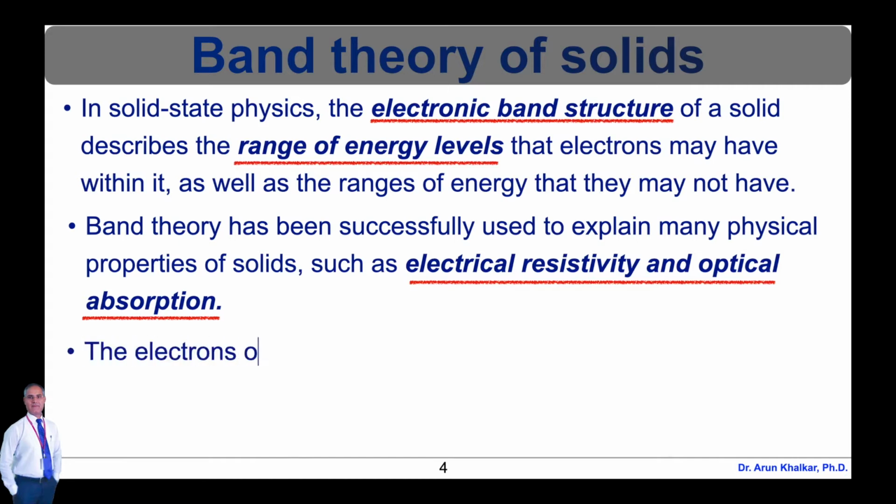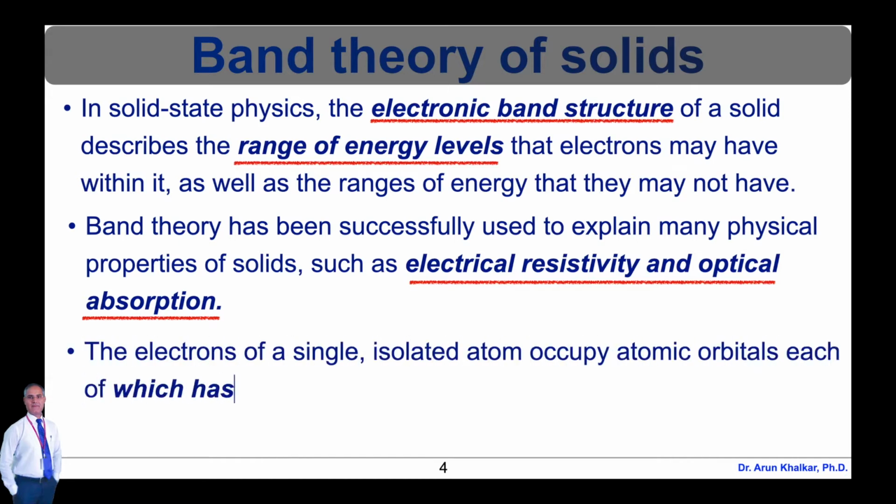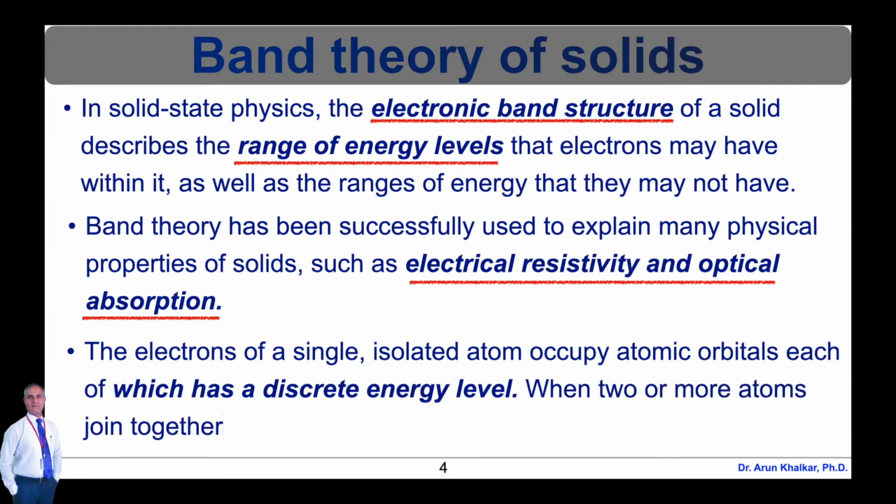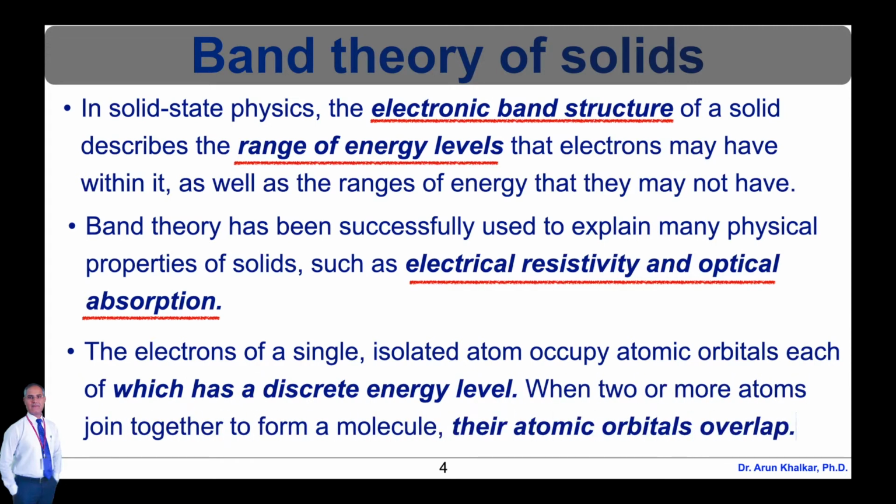The electrons of a single isolated atom occupy atomic orbitals, each of which has a discrete energy level. When two or more atoms join together to form a molecule, their atomic orbitals overlap. Pauli's exclusion principle states that no two electrons can have the same quantum numbers in a molecule.